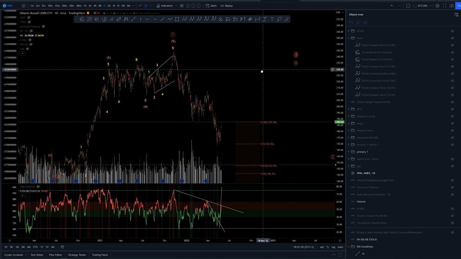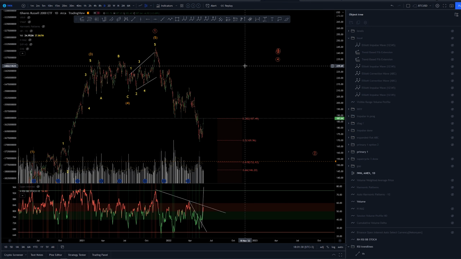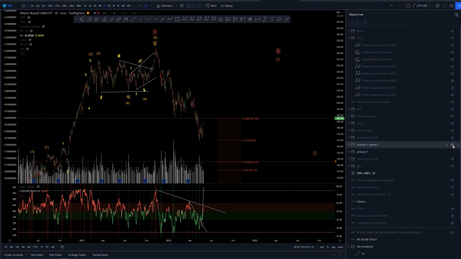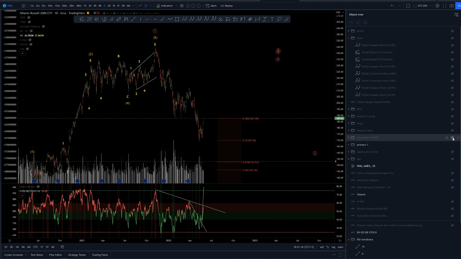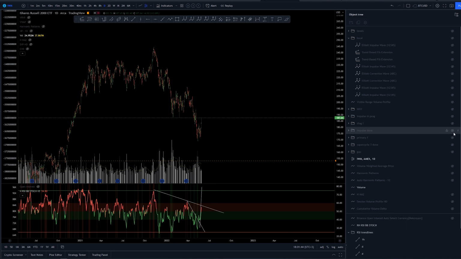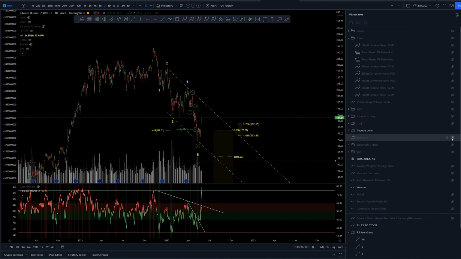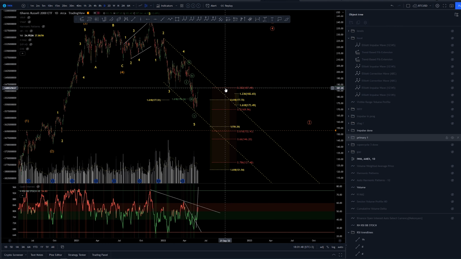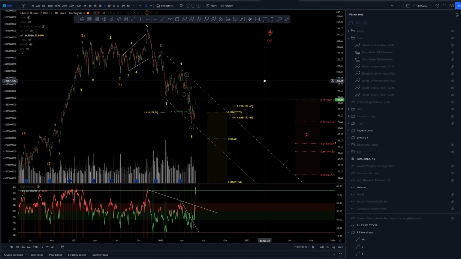That is the only primary count that I'm going to be using from now on. So I'm just going to remove this triangle one here. Also I had basically the ABC downwards, that we don't need anymore. So let's take a look at other stuff next.